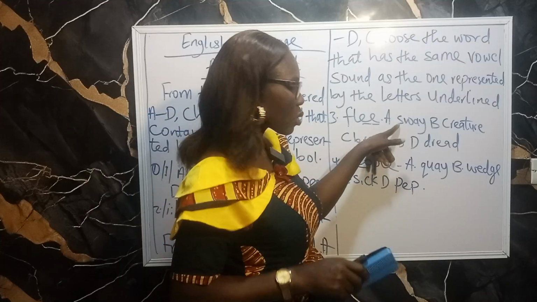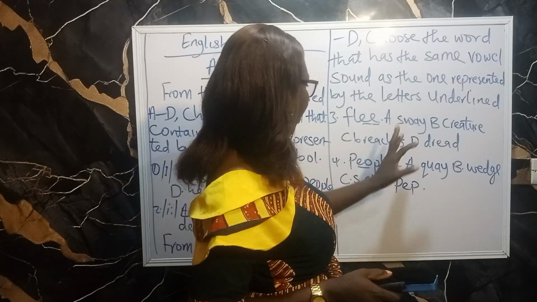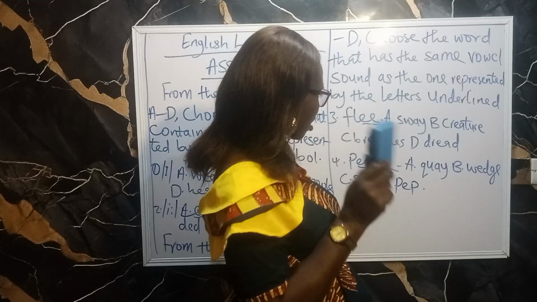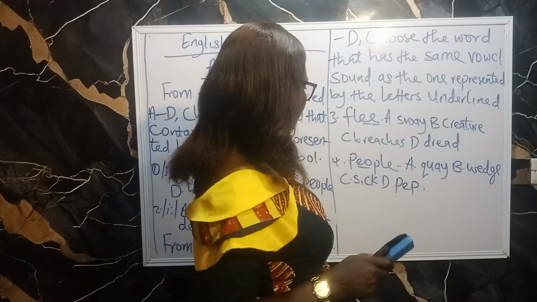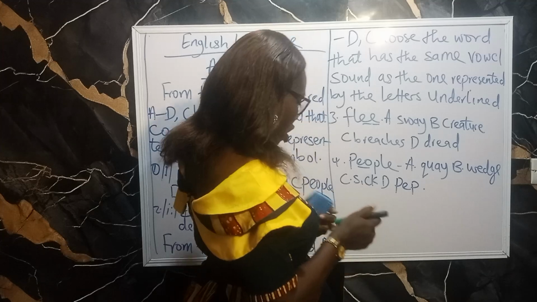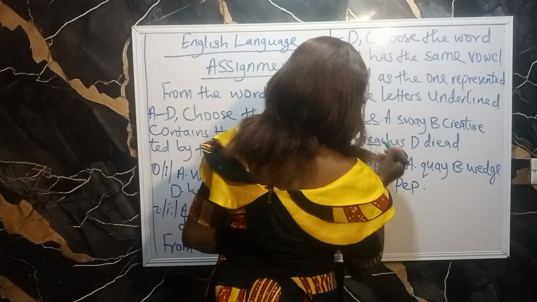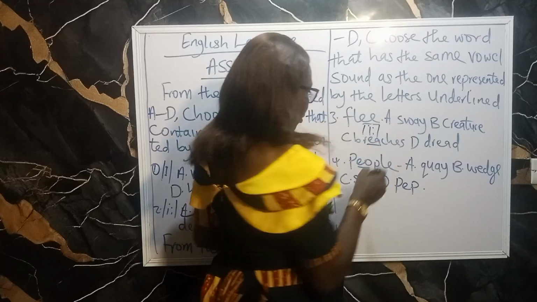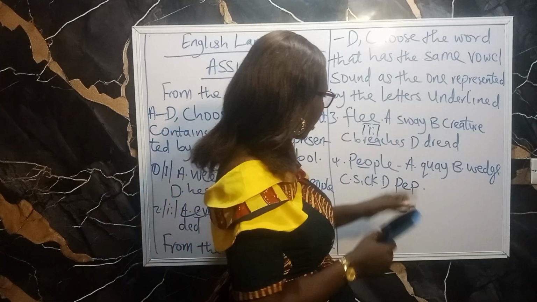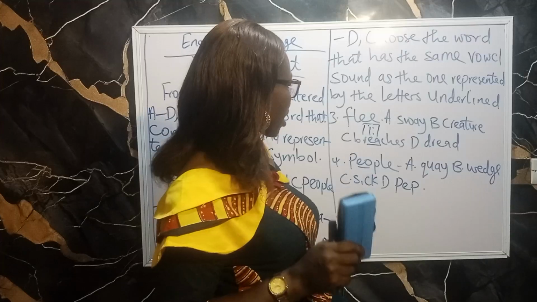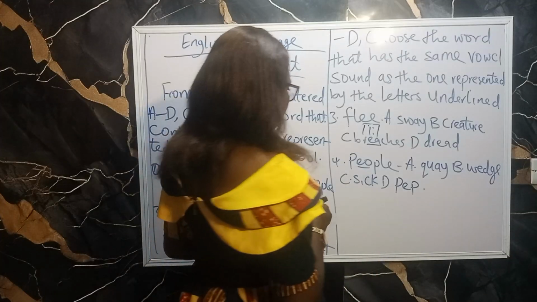The first one we have sway, that is A, it does not have the sound. Creation does not have the sound. Okay, then breeches has the sound because we have it here, EA, that is long E sound. Then the D is dread, is air sound. So the only option here that is right is C.